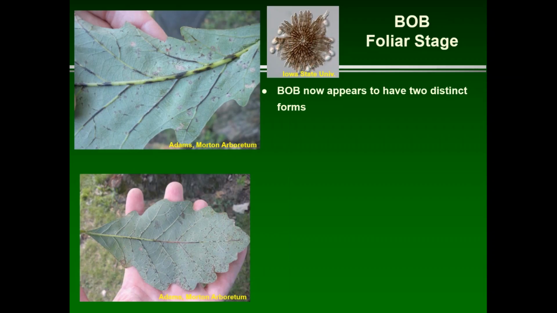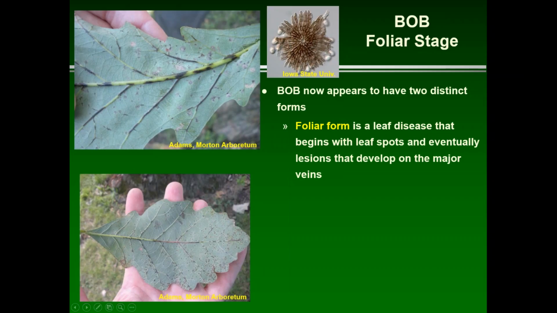As I mentioned earlier, Bob seems to have two distinct forms. The first form is what we'll refer to as the foliar form. This form of the disease begins with small leaf spots on the leaf blade and eventually develops into the somewhat characteristic symptoms of the disease with these black lesions that will form on the midvein as well as some of the major side veins.